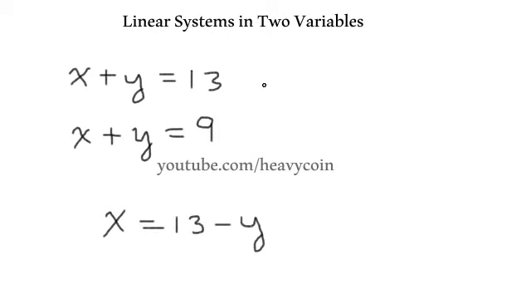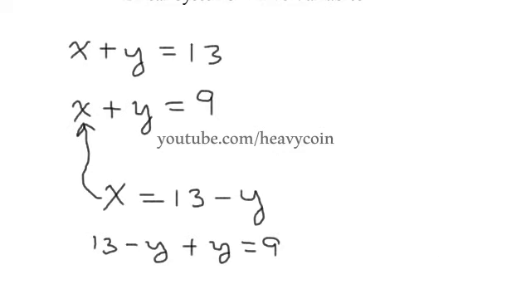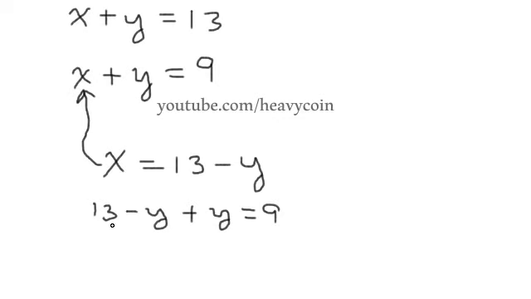So you see I just took this y to the other side. And then I'm going to take this x right here, replace this x with 13 minus y. So we're going to have 13 minus y plus y is equal to 9. Simplifying, we have a negative y and a plus y, so that's going to cancel out to 0. And so the left hand side will be equal to, whoa, wait a minute there.